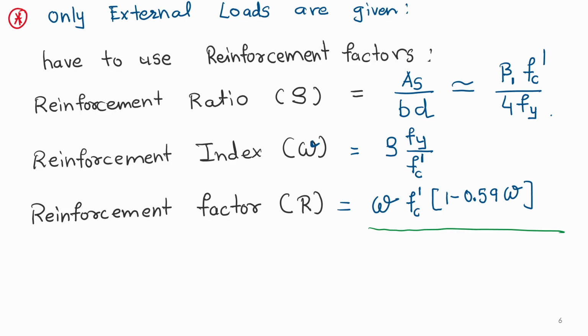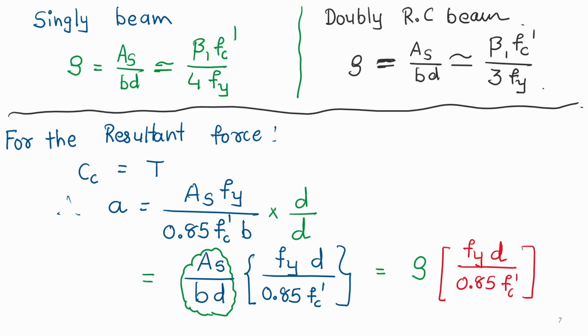Then we have the reinforcement index, which is given using the reinforcement ratio, multiplied by the yielding stress over the compressive strength of concrete. And we have the reinforcement factor R, which is the reinforcement index times f'c times (1 minus 0.59 omega). So for a single beam, I already gave you this reinforcement ratio. For doubly reinforced, again, it is very close to beta 1 times f'c over 3 times Fy.